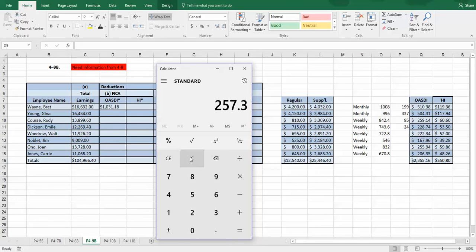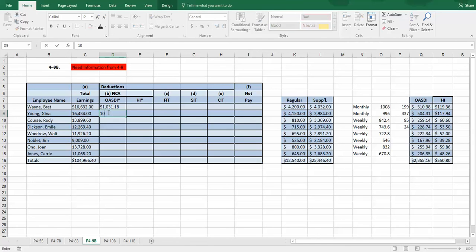Since it's already rounded for us, we can multiply that by 2, or just add $257.30 twice. That gives us $514.60. Add that to the $504.31 we already calculated. So that's $1,018.91.